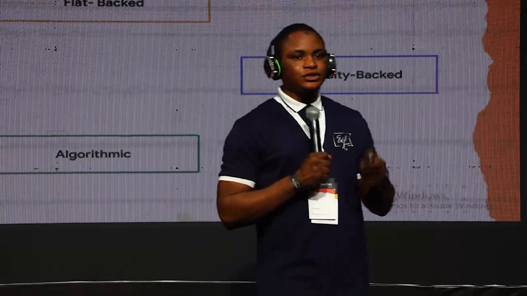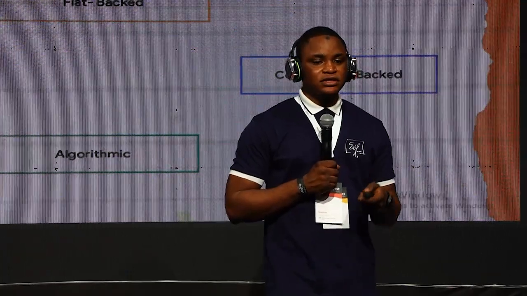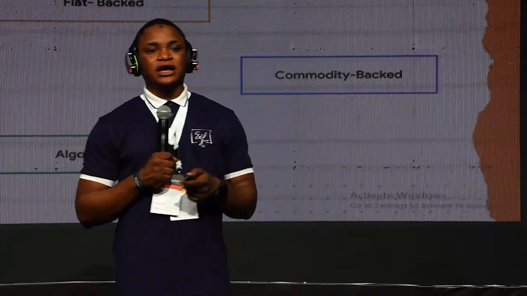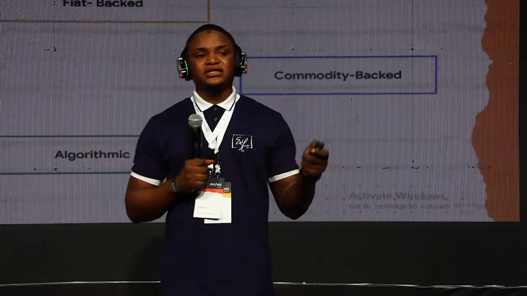Stablecoins generally have use cases in the real world, so it's not just digital. There are so many things that happen in the real world that could influence how the coin operates, which means you can have total control over what happens to that particular coin. The last one is algorithmic. This is not pegged against anything.